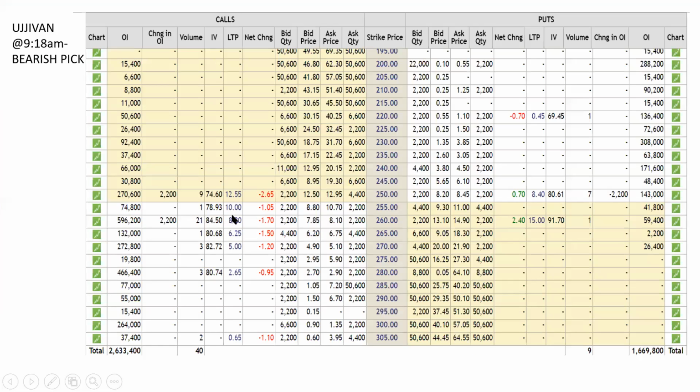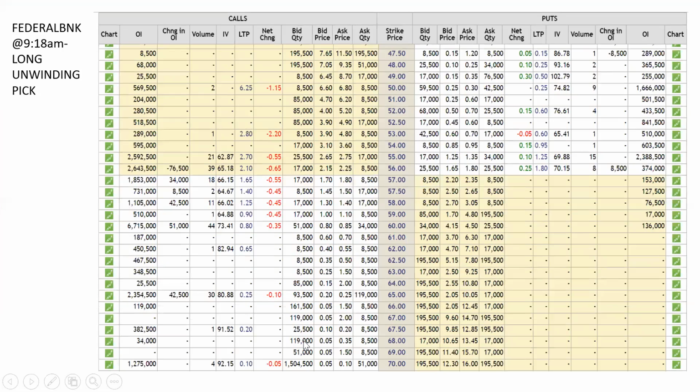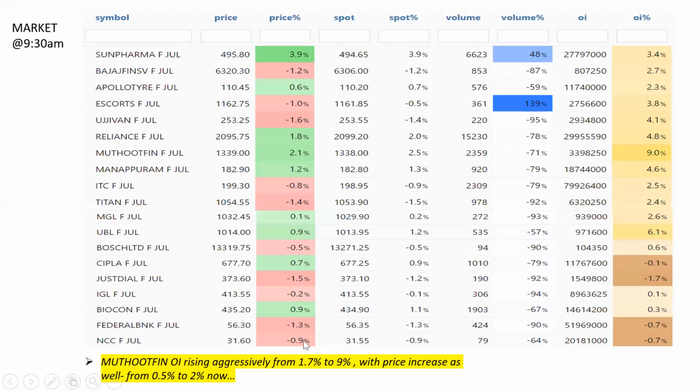At 9:30, NCC has recovered from 2% to only negative 1%, and Federal Bank has recovered 0.5%. So let's see where long unwinding takes us. And Cipla is completely the same. It is still the same price, and OI has started decreasing a bit, but very marginally. So we need to understand what happens next.